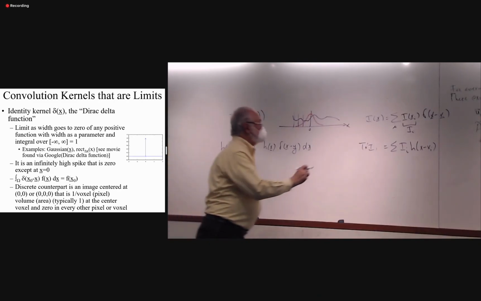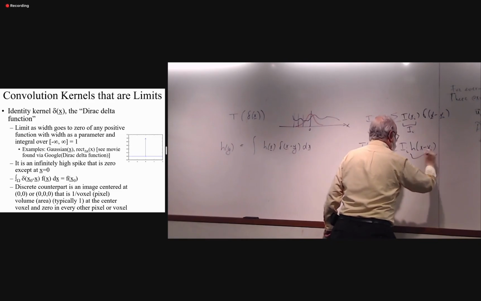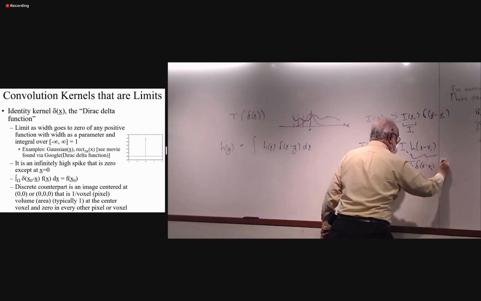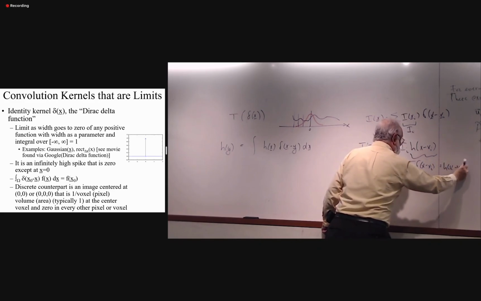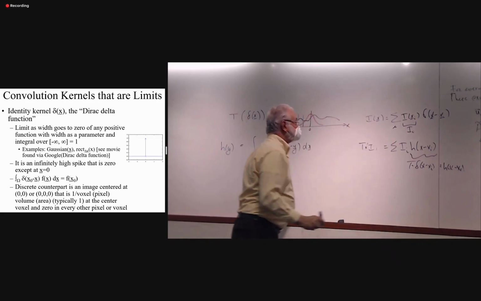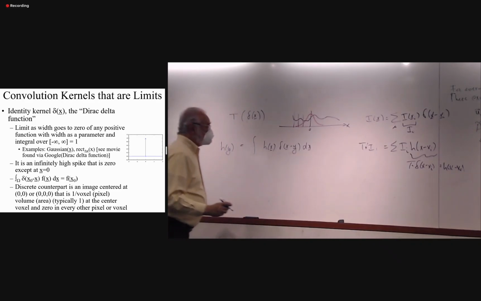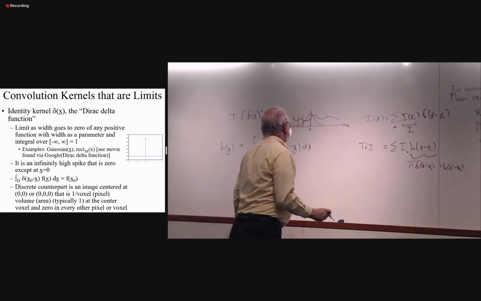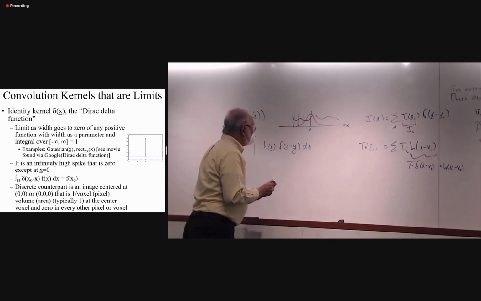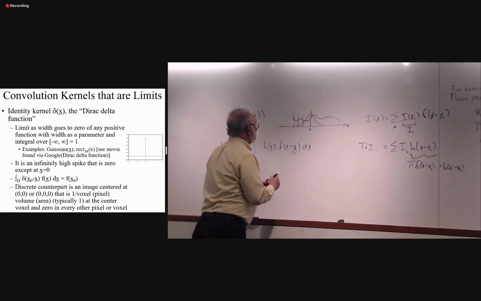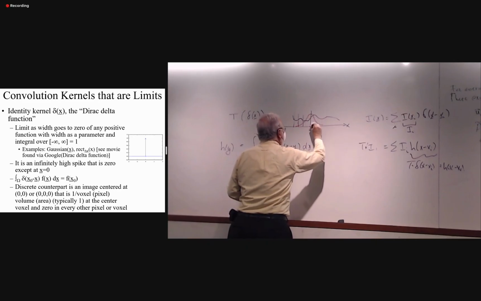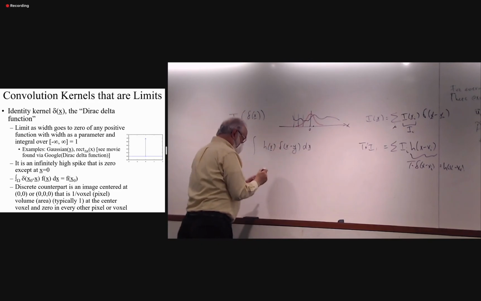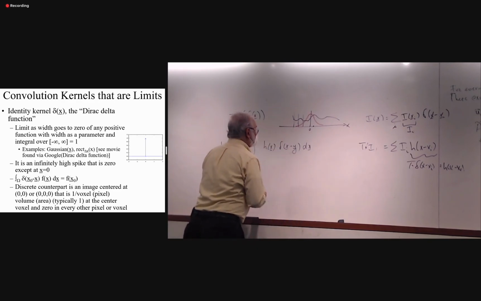Because T of delta of x minus x i is h of x minus x i, according to what I've just told you over here. What that means is that you're replacing each I sub i by I sub i times the corresponding impulse response function centered at x i.